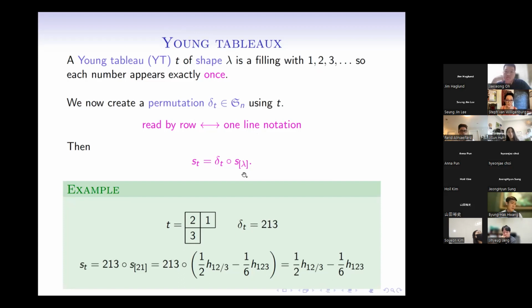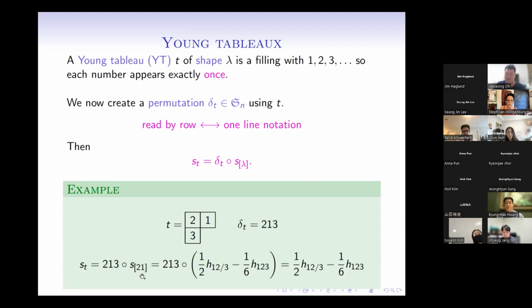Okay, time for an example. So let us take this Young tableau right here, 2, 1, 3. Then reading by row, that's going to give me a permutation, 2, 1, 3. And so now if I want to make my function St, then by this definition right here, I'm going to have the permutation 2, 1, 3 act on, well, the source Schur function of this shape, which is going to be S2, 1.